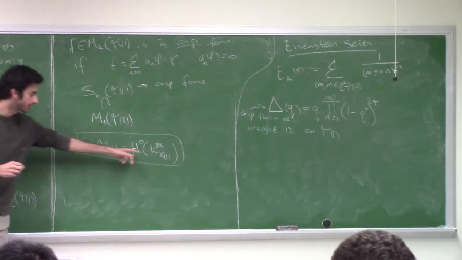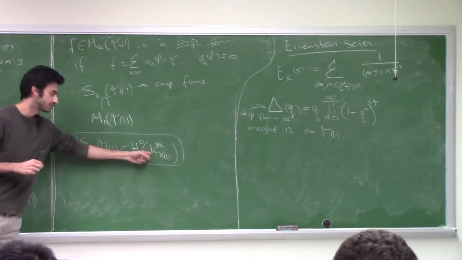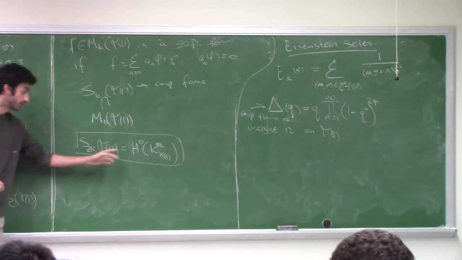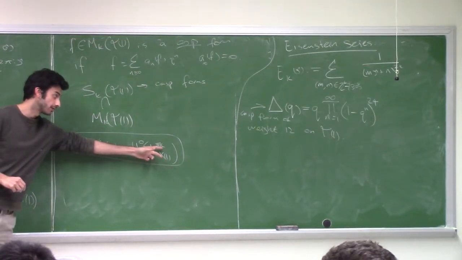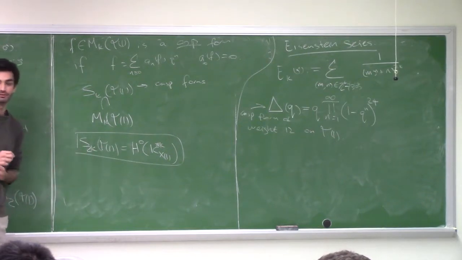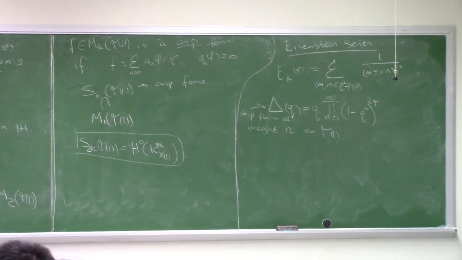And cusp forms have this interpretation as sections of the line bundle. The pluricanonical. Yeah, exactly, the pluricanonical thing being k is of weight 2k precisely. And again, this is orbifold pluricanonical. Yeah, no, orbifold, definitely orbifold. If there are no orbifold points, then at the cusps.